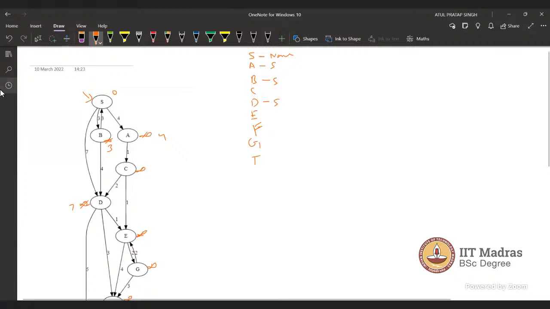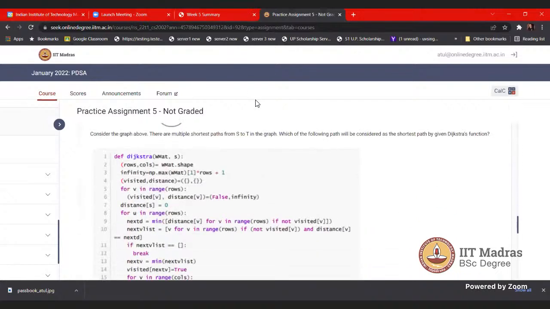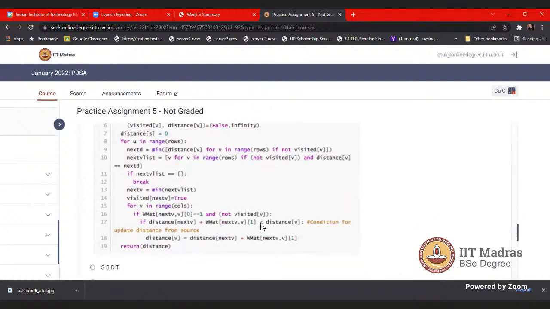Okay, so now we will select the minimum distance weight. Now we have 7, 3, 4. So we will select B, and after selecting B, we are getting this 3. So 3 plus 4, 7. The algorithm says that if the distance is less than, then we are updating.